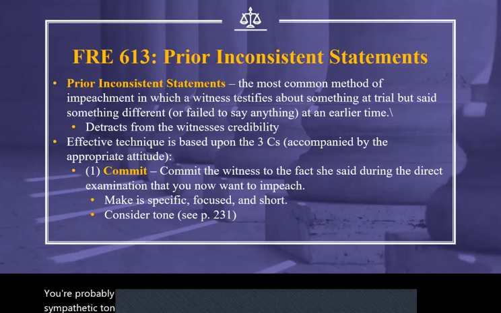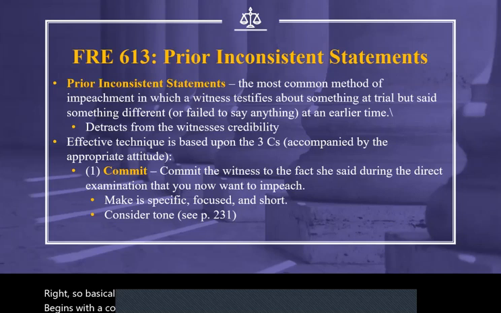Just because you're showing that somebody's lying doesn't mean the jury's not going to hate you, right? So you have to walk that fine line of, I'm trying to prove my point and show the jury this person is not credible, but at the same time, I don't want to alienate the jury, right? So basically, the 3 C's begins with a commitment, right?